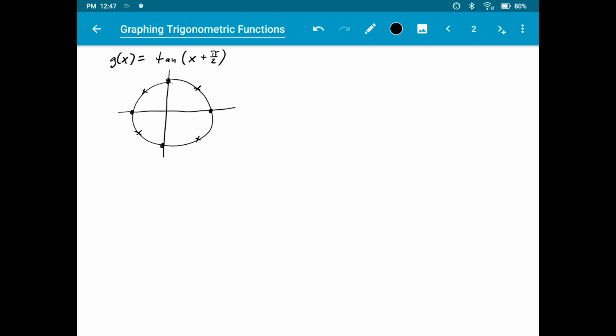If we're looking at the tangent of x plus pi over 2, we're letting theta equal x plus pi over 2.